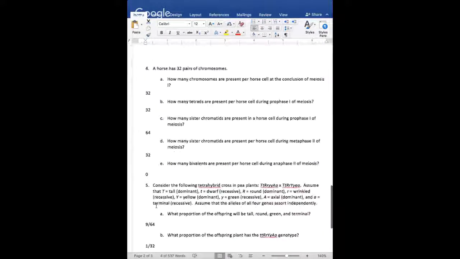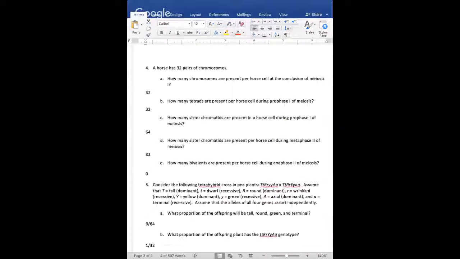Number 4, yes. For number 4, it says a horse has 32 pairs of chromosomes. For part A, how many chromosomes are present per horse cell at the conclusion of meiosis 1?